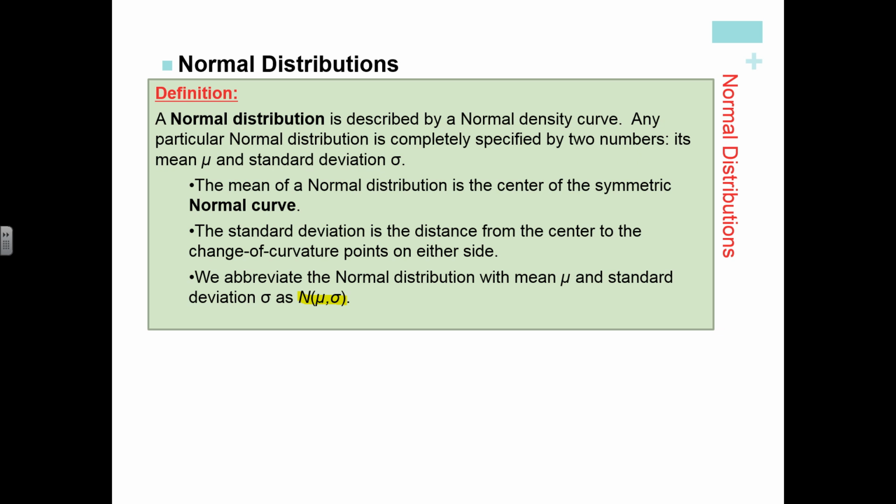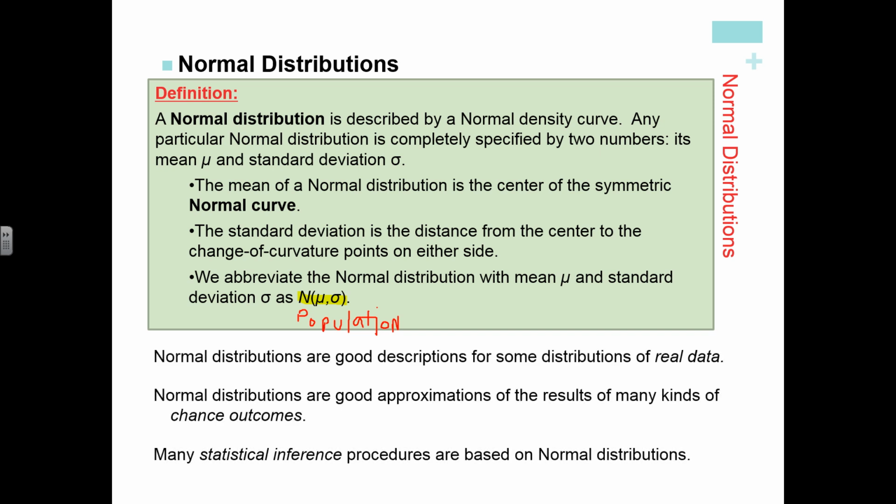So let me just write that in here, and don't laugh at my handwriting. When I do this, I'm talking about the population, not a sample, so I wouldn't use x bar and s of x. I'm using mu and sigma for my abbreviations.